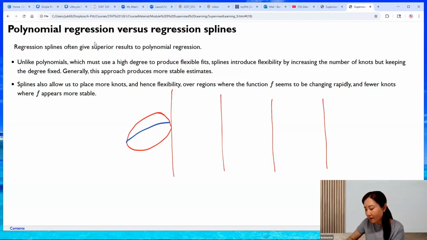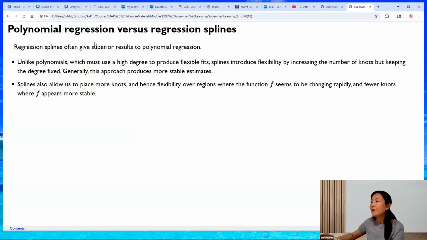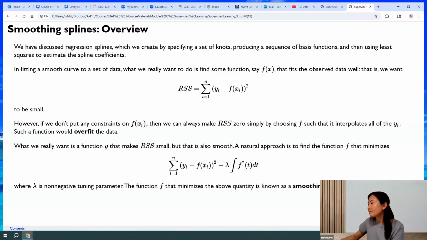Also, because of the constraints we put on the knots on the curve, we actually won't use a lot of degrees of freedom, although it seems that we fit a lot of models. The overall degrees of freedom usually won't be much bigger than a single polynomial model. So regression splines are better than polynomial regressions.